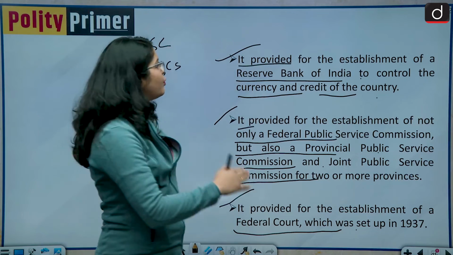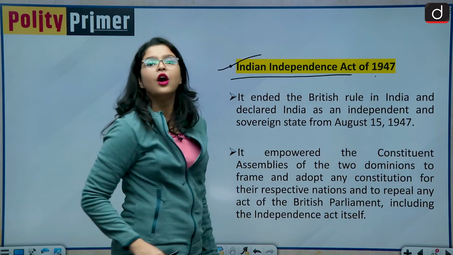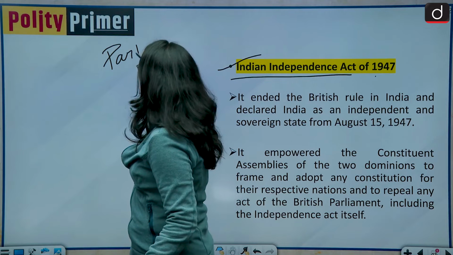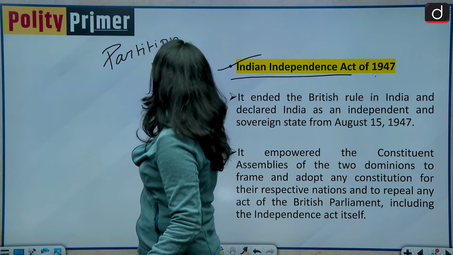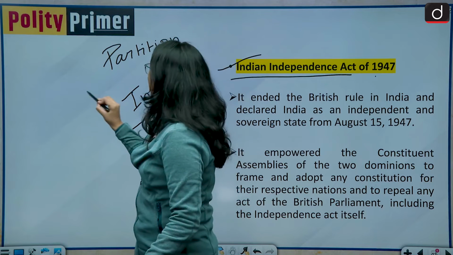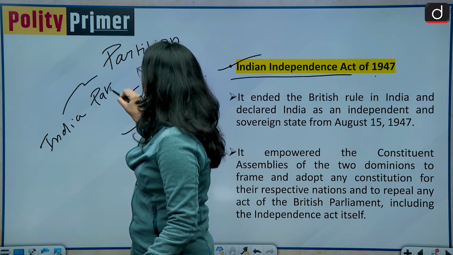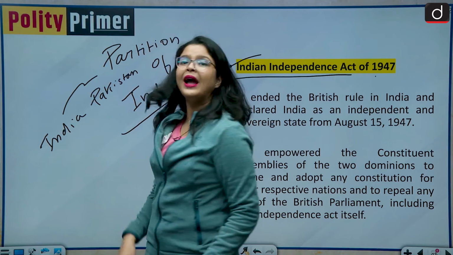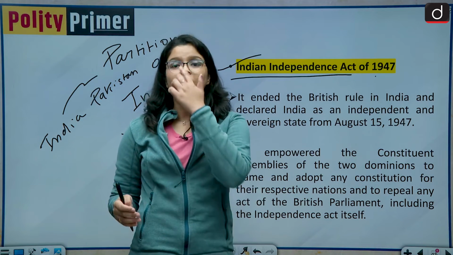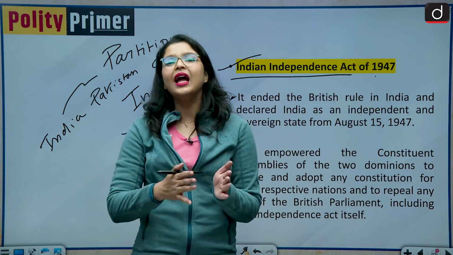Then comes the most important act, and that is the Indian Independence Act of 1947, which was responsible for the partition of India into India and Pakistan. So finally in 1947, the Mountbatten Plan was accepted and India was partitioned through this Indian Independence Act of 1947 into India and Pakistan.